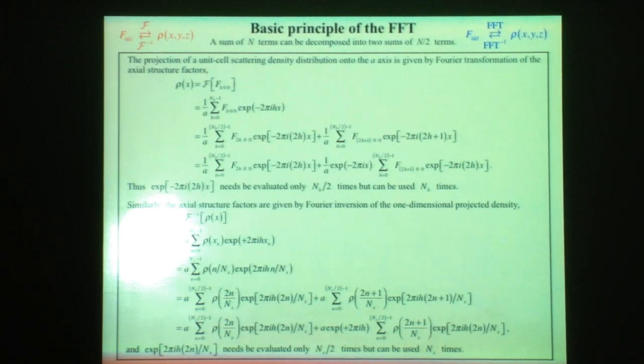So we can compute a density or the structure factors by this fast Fourier transform technique. And the underlying principle is, okay, so let's say in this top part we're calculating a density. For simplicity in explaining this or showing this, we consider just a one-dimensional density.